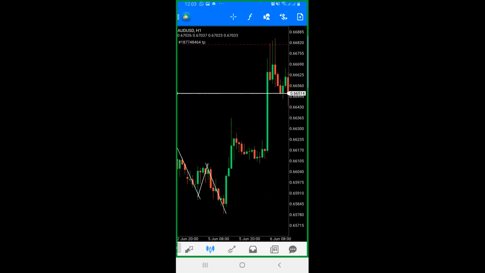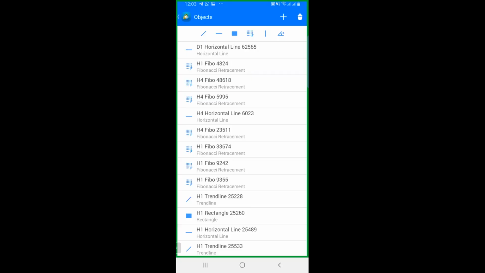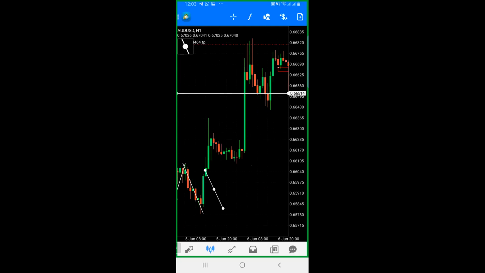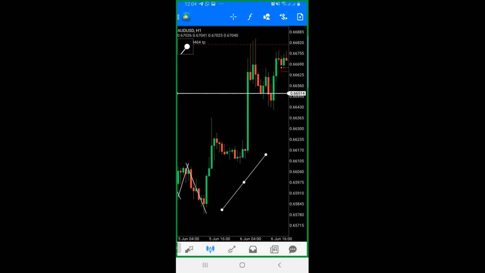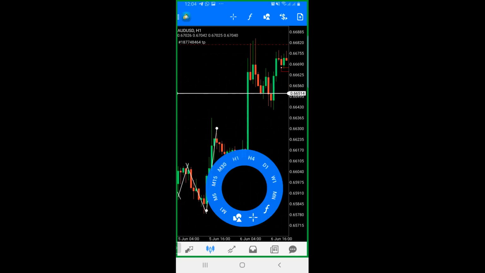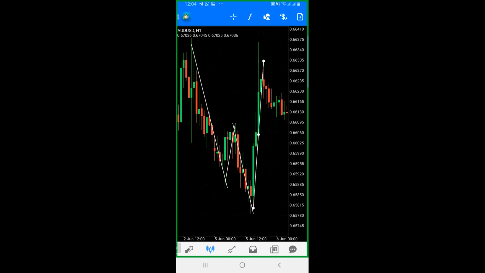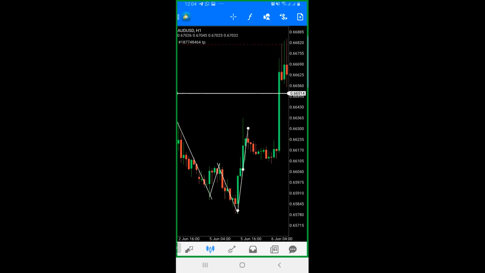So I want to draw yet another one. This time I want to draw it like this. Now I've drawn one swing here, another swing, 2, 3, 4. I've drawn 4 swings here right now.